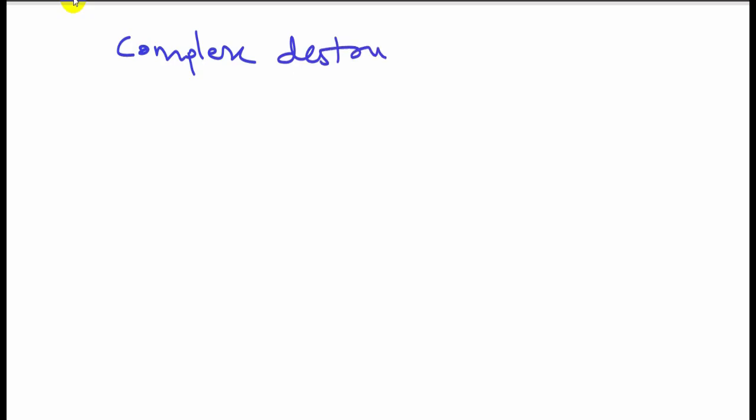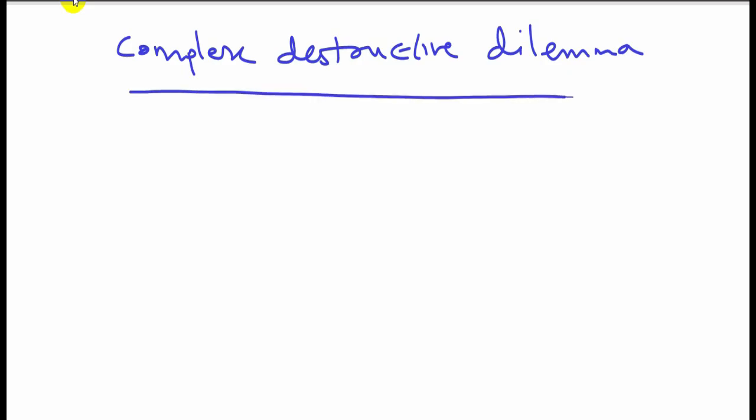Now, let us look at the complex destructive dilemma. In this kind of dilemma, the minor premise denies the consequence.